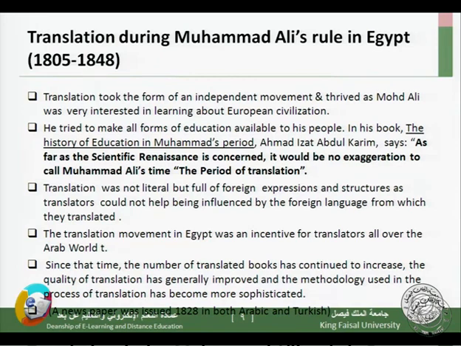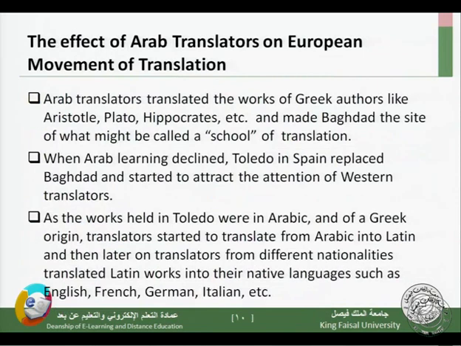Now, the last point I would like to put to you is the effect of Arab translators on the European movement of translation. As you can see, Arab translators translated works of Greek authors like Aristotle, Plato, and so on.